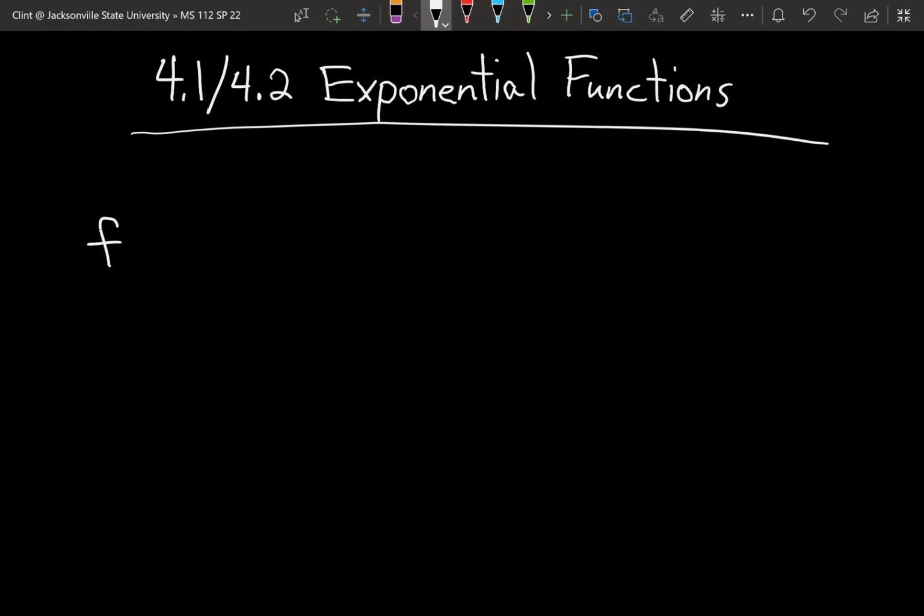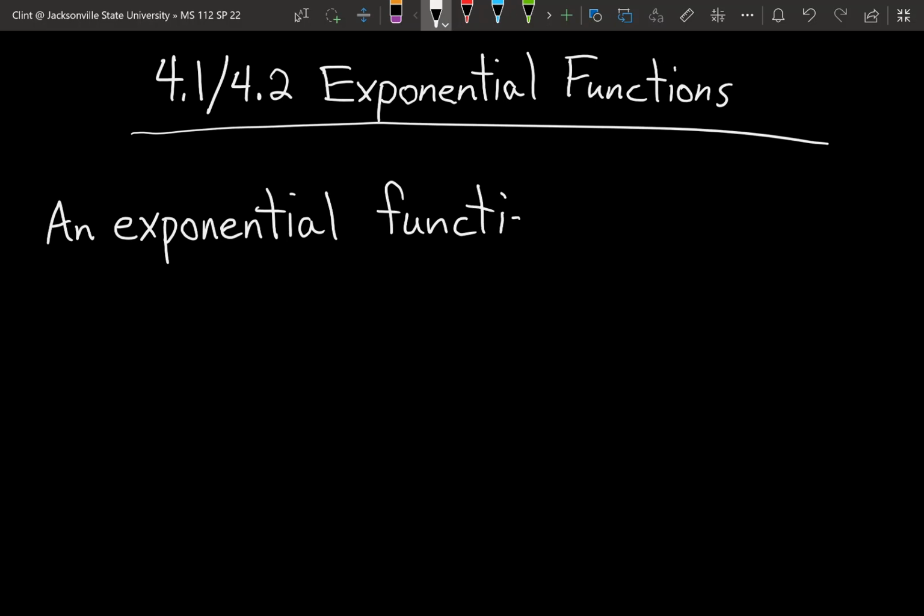So an exponential function. So we need to see what they look like.